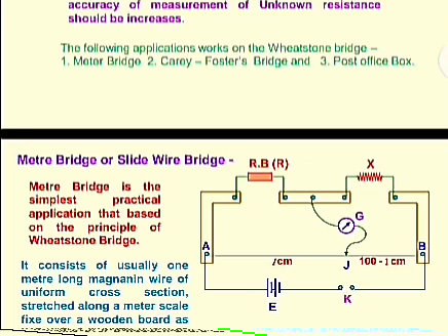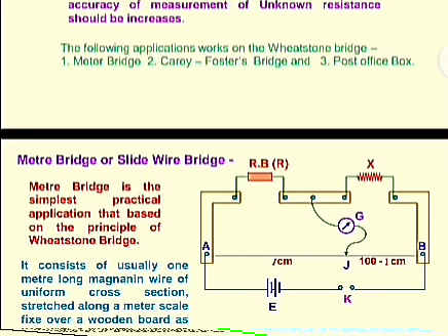Out of these two, in one gap we connect the resistance box, and in the second gap we connect the resistance whose value we want to calculate. Now, how does it work?